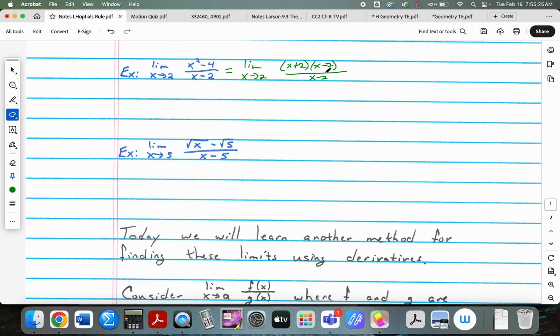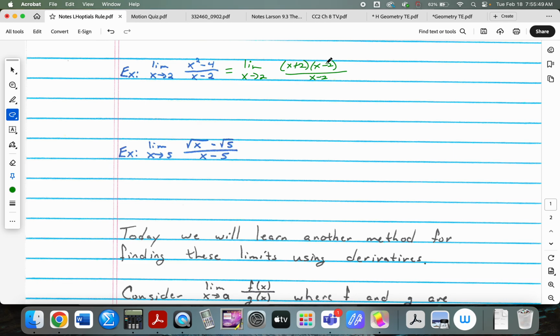And although at 2, x minus 2 over x minus 2 is 0 over 0, any place other than 2, x minus 2 over x minus 2 is going to be 1, right? For any x value. Remember that a limit, we care what happens near this value, not at this value per se, right?